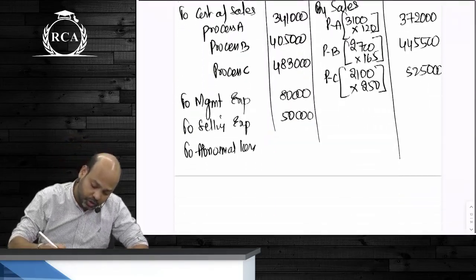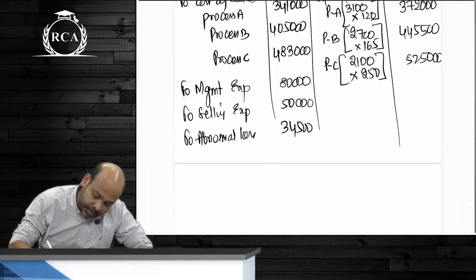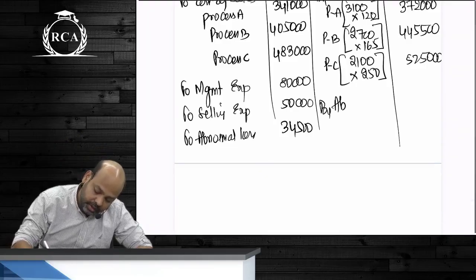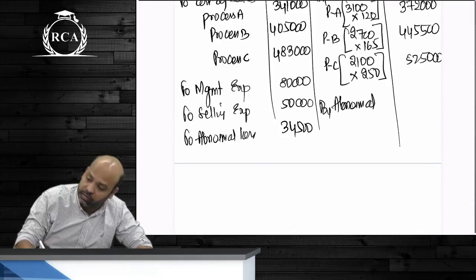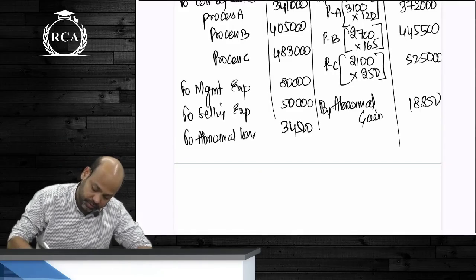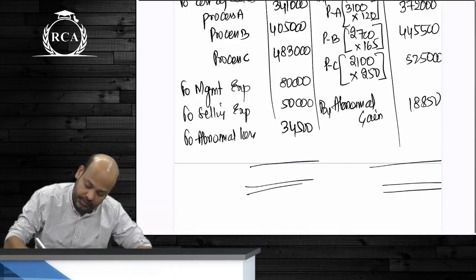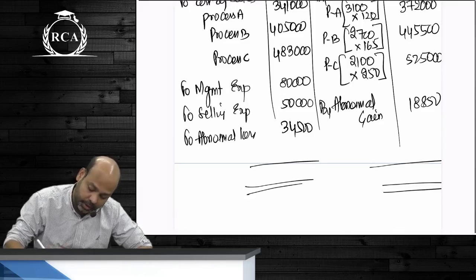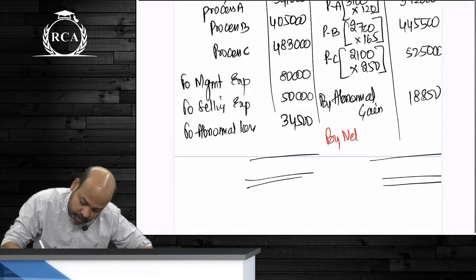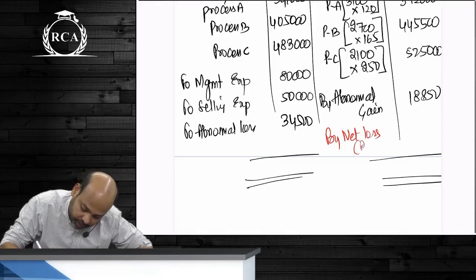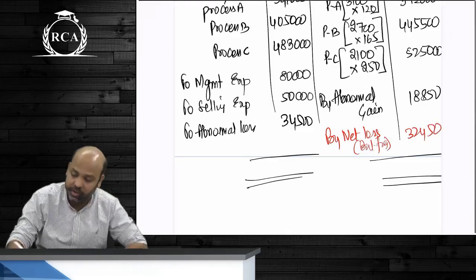How much is the amount of abnormal gain that we are crediting? 18,850. Done, beta. You will get your net profit or net loss. How much is the net loss? 32,000. By net loss beta, balancing figure 32,450. Done guys, question.